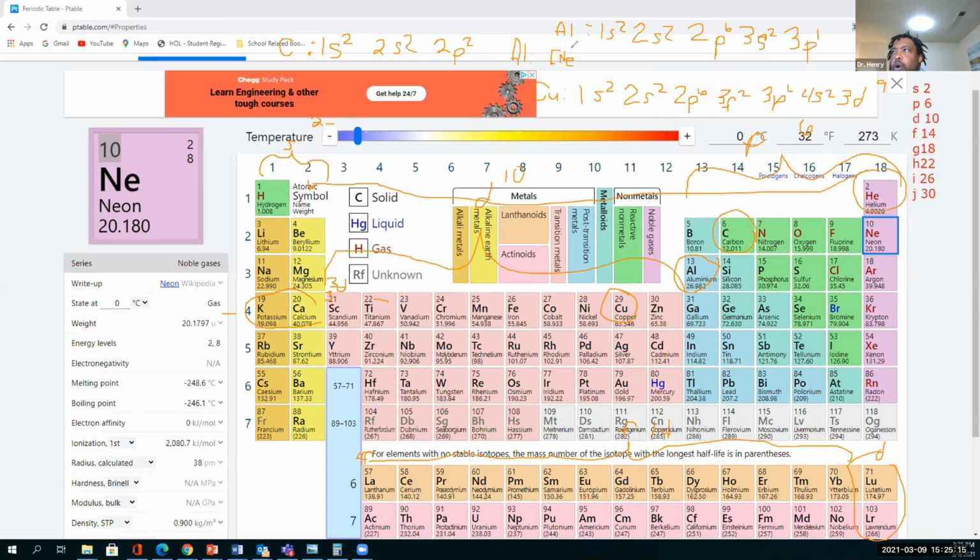And what the core is basically, they're electrons that are kind of protected. So you're not going to use those for reacting. And then after neon, it would be whatever is afterwards, which would be 3s2 and then 3p1.